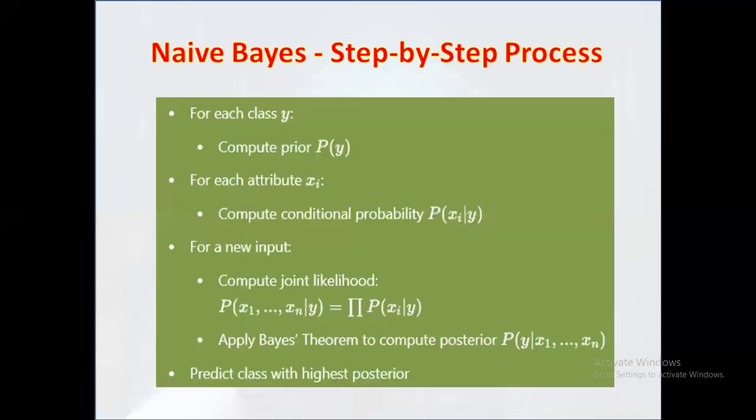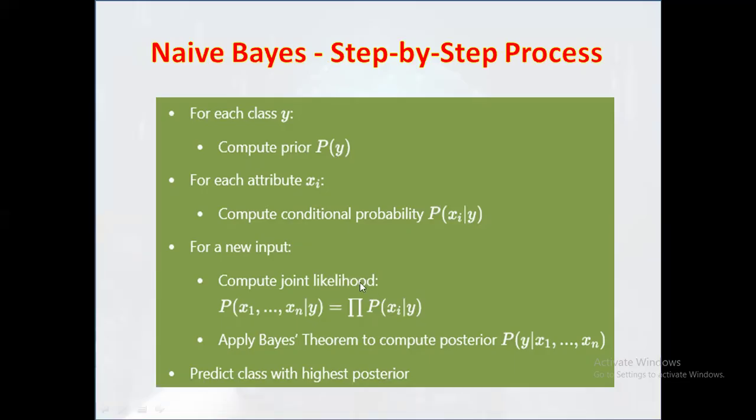Next, the naive Bayes step-by-step procedure. The first step in the naive Bayes algorithm is to calculate the prior probability P of y for each class, which reflects how common each class is in the training dataset. Then for every feature xi, the model computes the conditional probability P of xi given y, how likely the feature is to occur with each class. This step assumes independence between features.